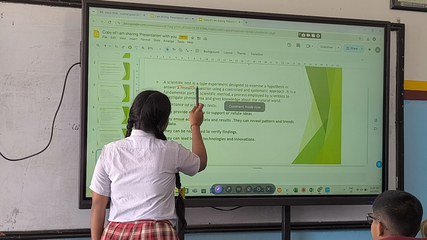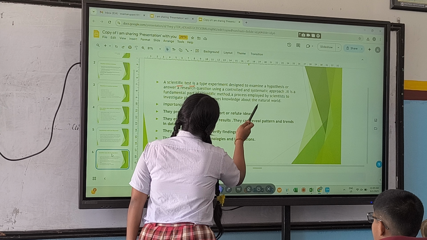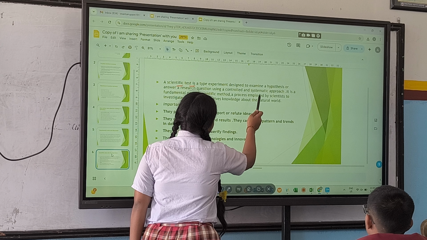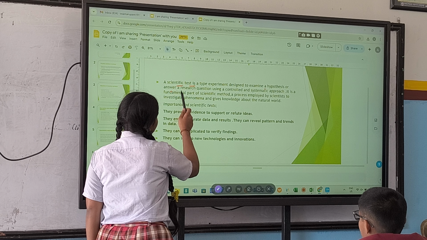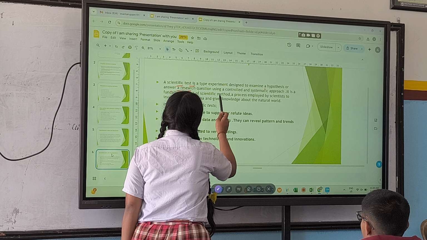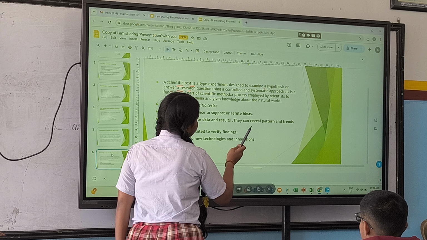A scientific test is a type of experiment designed to examine a hypothesis or answer a research question using a controlled and systematic approach.